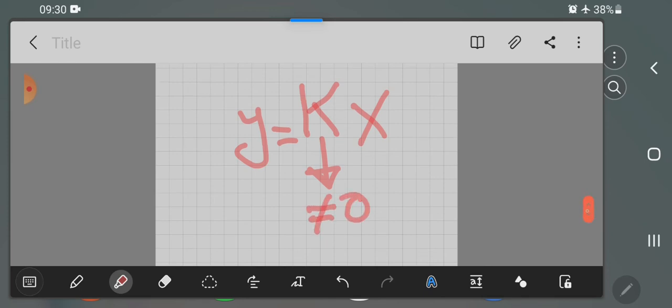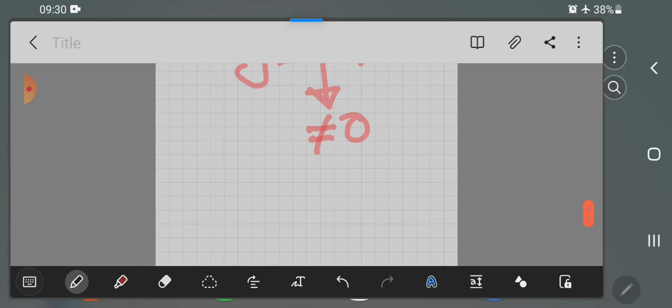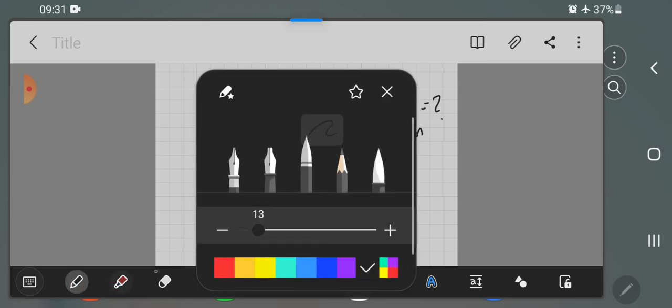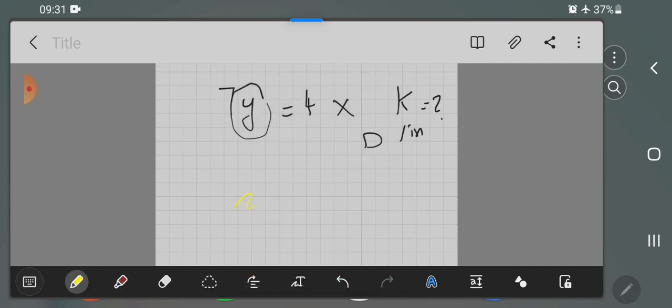Let's have examples. First one we have 7y equal 4x. Find the value of k and tell me if it's direct or indirect. Yalla, let's see. We need only one y, so we are going to divide by what? Yes, I hear you. Divide by 7 on both sides.